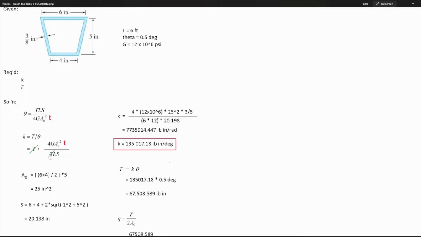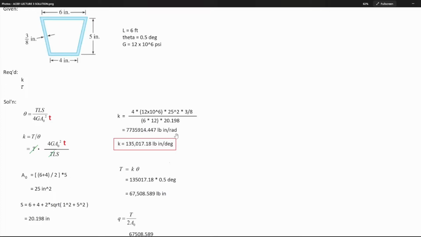We can now do direct substitution. 4 times G times A0 squared times thickness over length. Length is in feet, that's why we multiply it by 12 to make it inches, times the perimeter S. Okay, so you'll get this value: 7,735,914 pound-inch per rad.